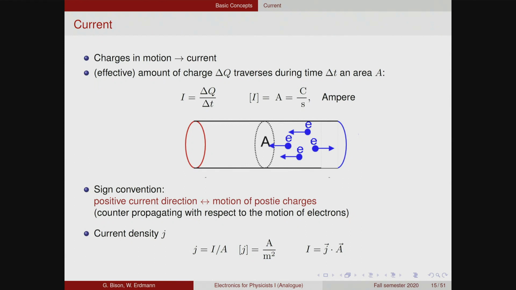Okay, first the sign convention, this one is easy. For the sign convention of the current, a positive current is the direction of motion of positive charges, right? Since most of our electronics is done with electrons, the actual direction of motion of the electrons is in the opposite direction.